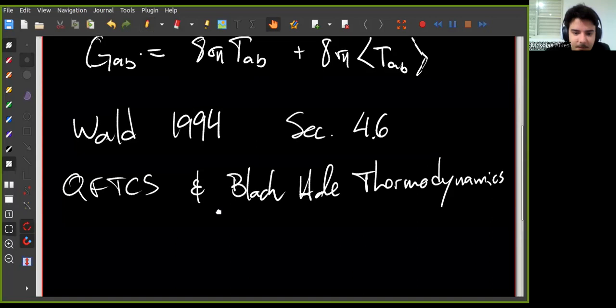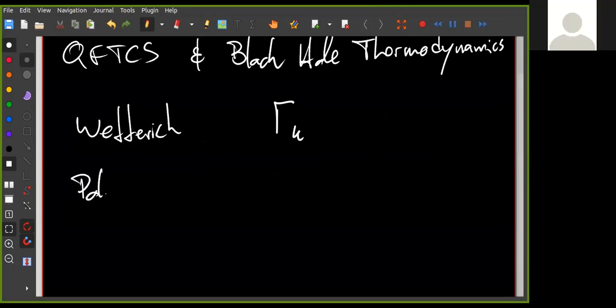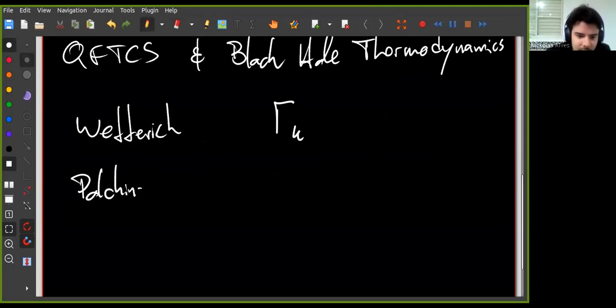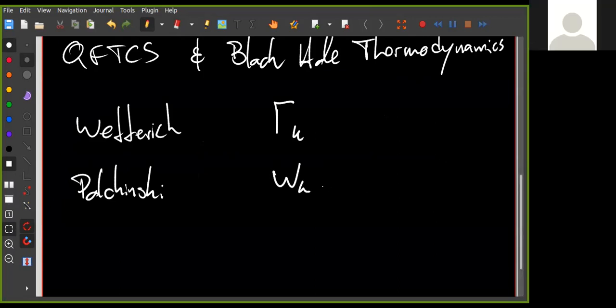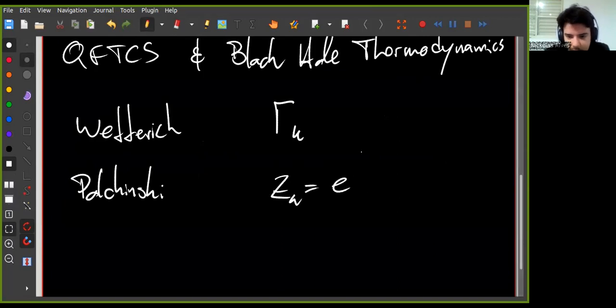What happens is that my formulation is due to Wetterich, I'm not really sure how to pronounce it, which focuses on this gamma k. The formulation of Polchinski focuses not on gamma k, but rather on W_k, where you have Z_k and then you have e to the W_k.